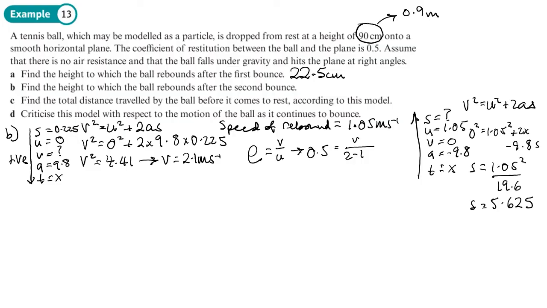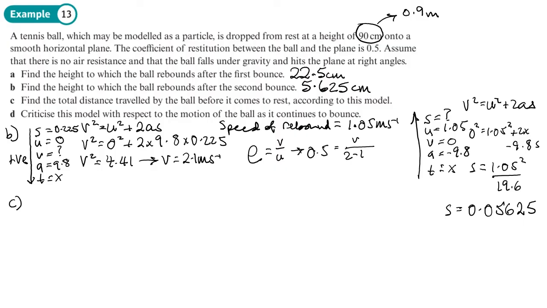Sorry, I'll put 10.5 in rather than 1.05. So that should be S equals 0.05625. Okay, so after the second bounce, it rebounds to a height of 5.625 centimeters. Part C, find the total distance travelled by the ball before coming to rest.